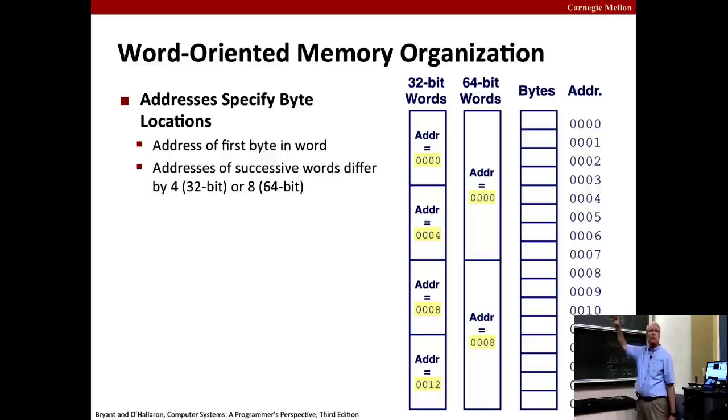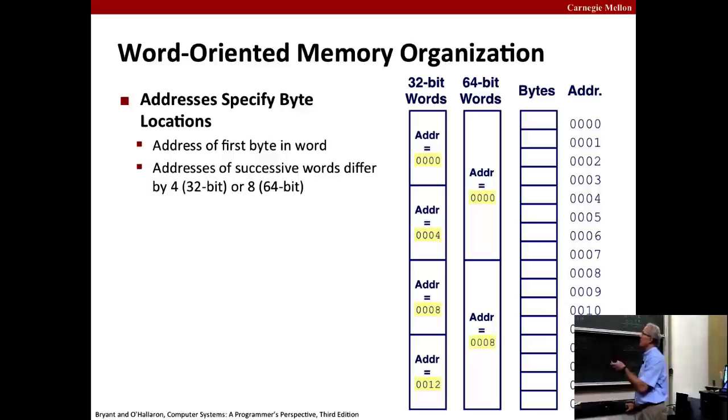We also will generally try to align these, so that, for example, a 32-bit word would be aligned so its lowest byte has all zeros in the lowest 2 bits of its address.